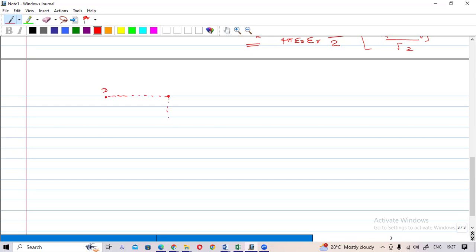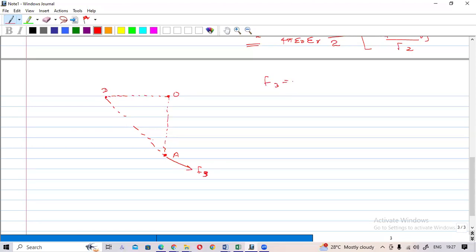Here you have the A location. From here there is a force like this. This is F3.